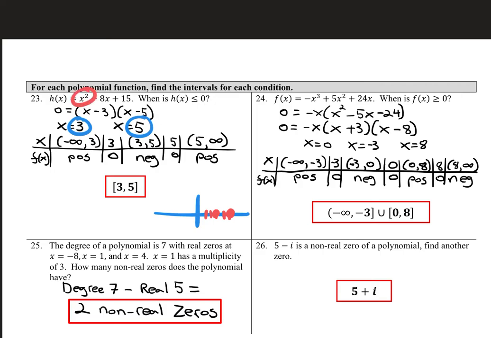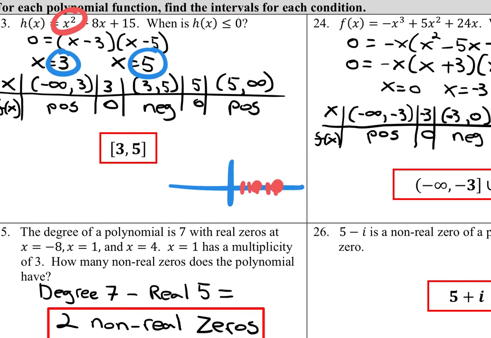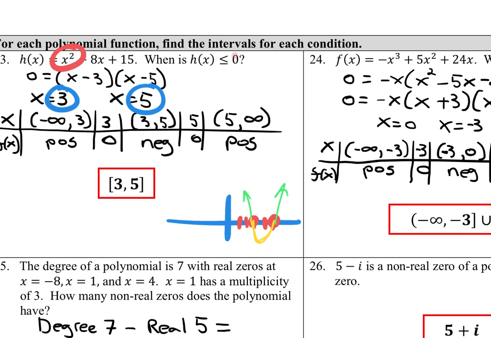And I have a positive x squared, which means my arrows are going to point up left and right. The multiplicity of those zeros is 1, so it's going to cross through and come back up. And this time it's asking where it's less than or equal to 0, so be really careful there because that could change. And that means it starts at 3, comes down, and continues below the x-axis until it hits 5. So 3 to 5 is where my graph is less than or equal to 0.